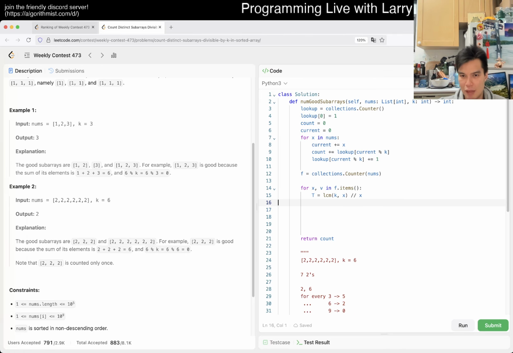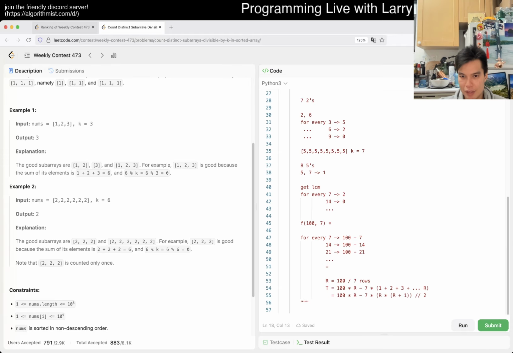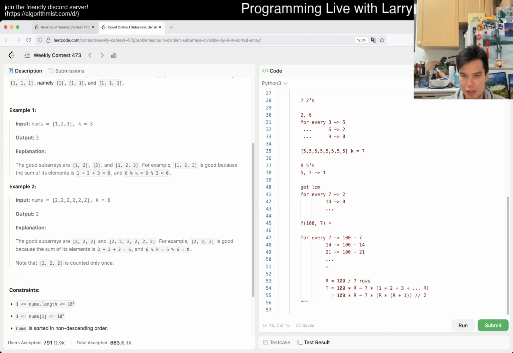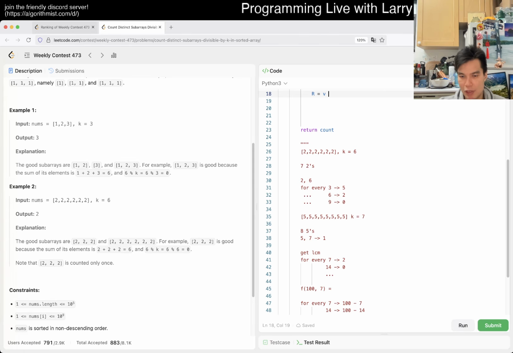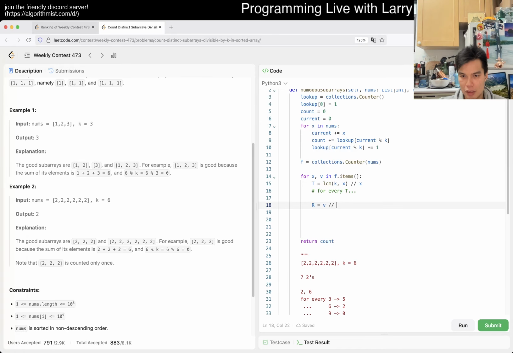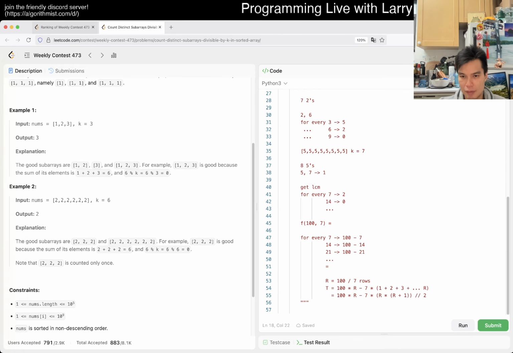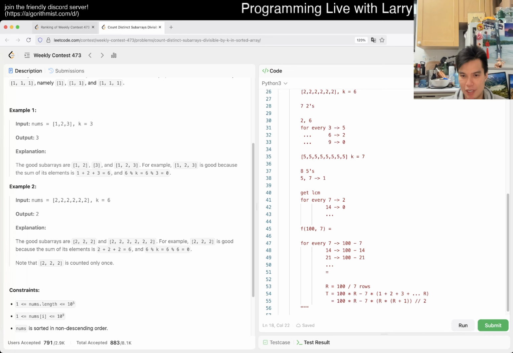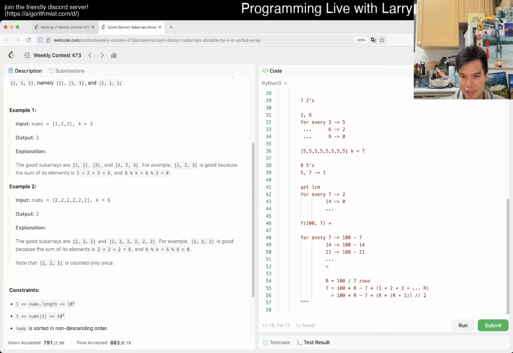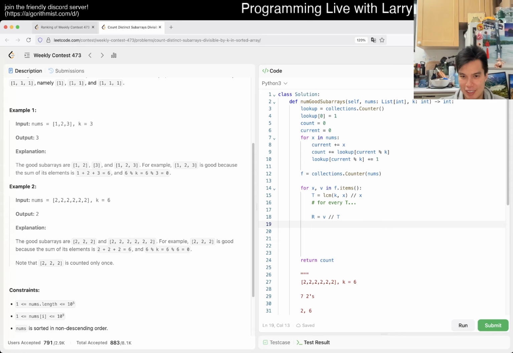And then now for every t, okay, so R is equal to V divided by, I was trying to find where the votes come from, but actually this is just T. And then, man, I keep on naming things the same way, but alright, fine.